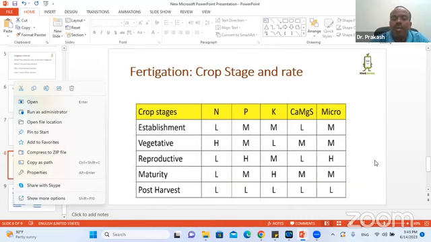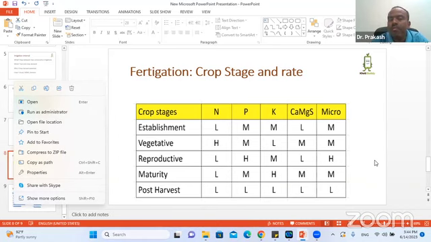In that case, if your crop is in the vegetative stage and instead we apply a heavy dose of phosphorus, that is the water soluble fertilizer 12-61, and it is not supported with nitrogen, the vegetative stage will be hampered, because with less nitrogen it cannot give good vegetative growth.